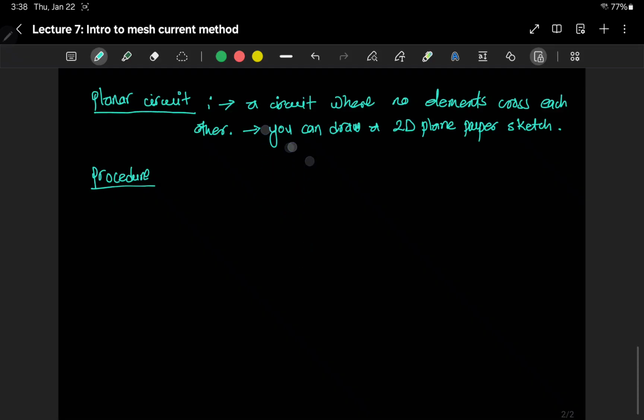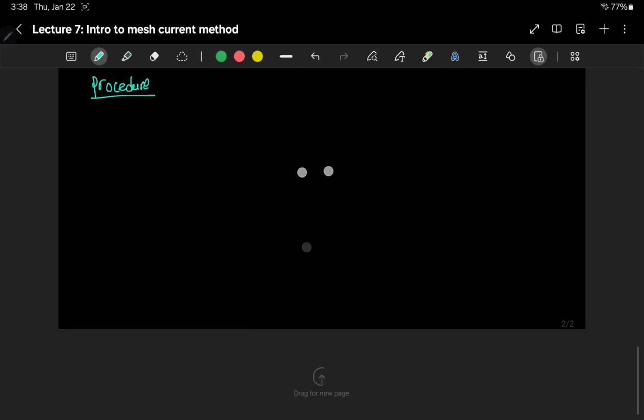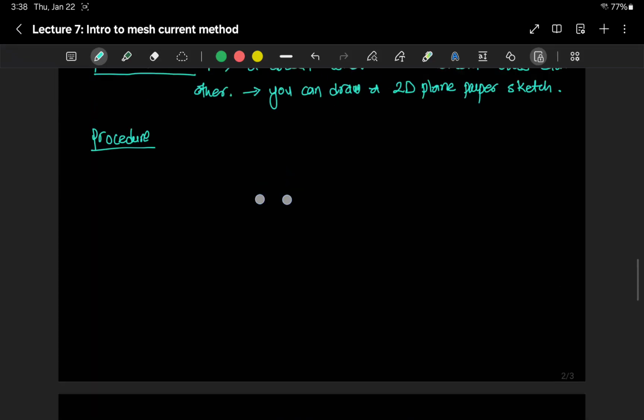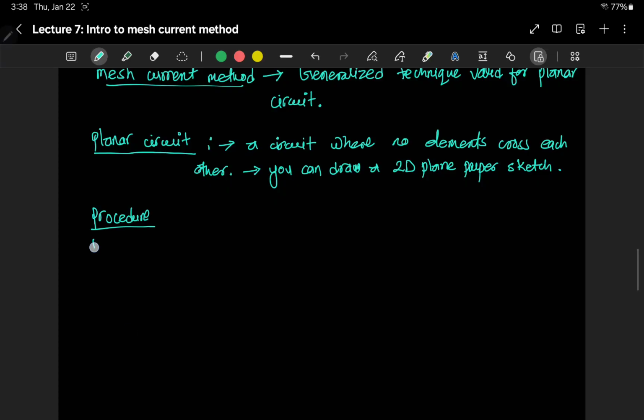The first step here is to define currents flowing in the meshes of the planar circuit.